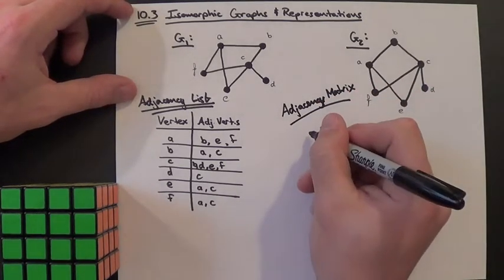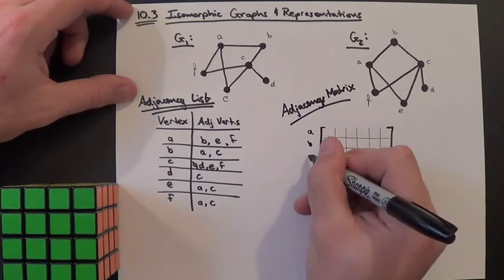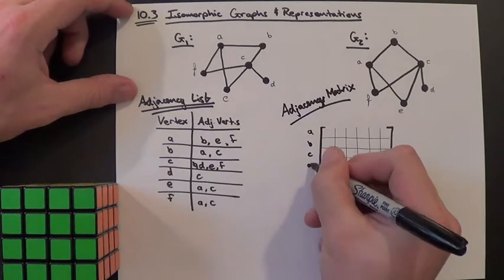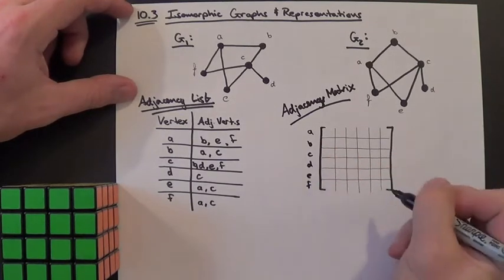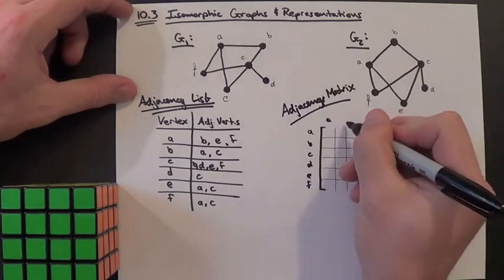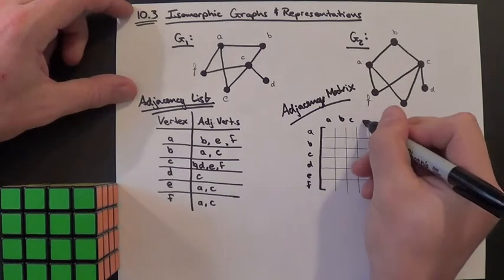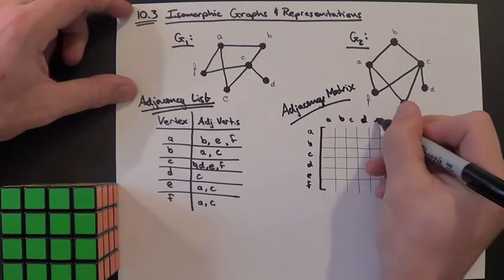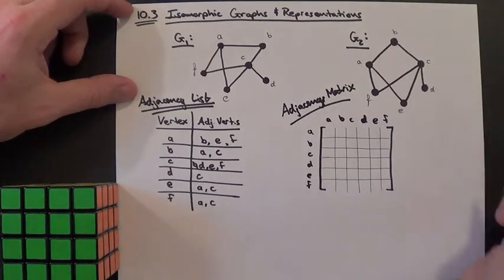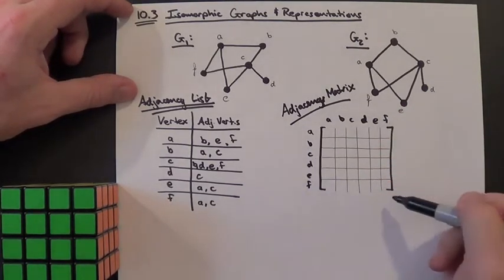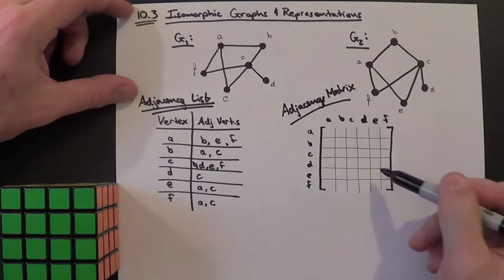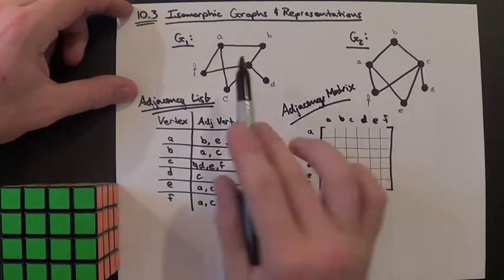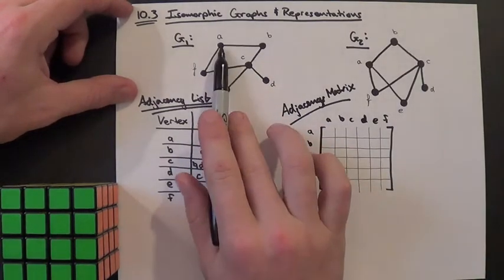In which, for each vertex, we have a row and a column corresponding to it. In this case, I have 6 vertices, so I've got 6 rows and 6 columns: A, B, C, D, E, and F. And then to create our adjacency matrix, the entry in the matrix will have a 1 if there's a connection between those vertices.